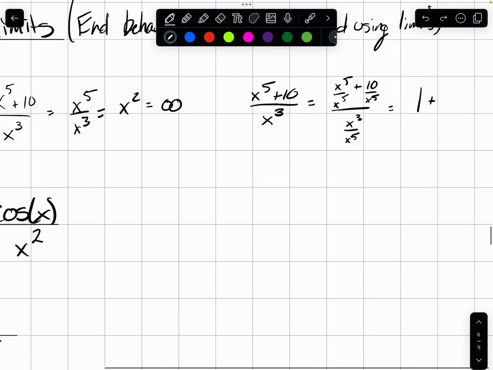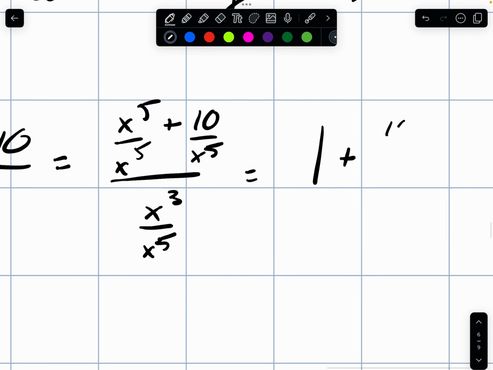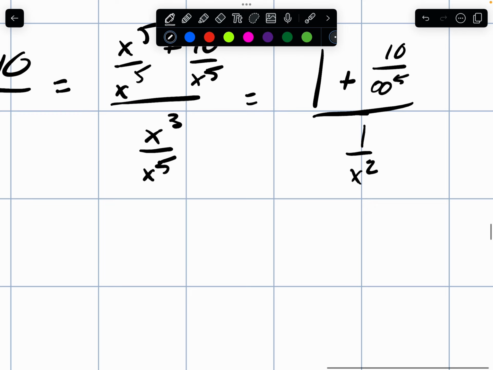So it's really 10 over infinity to the 5th. We're going to see what that looks like in a second, but we could probably guess that that's going to be a really small number. And then on the bottom, we simplify down to 1 over x squared. And as we keep on going, if I rewrite this x squared as infinity squared, because we're really plugging that in, we're going to see that I have 1.